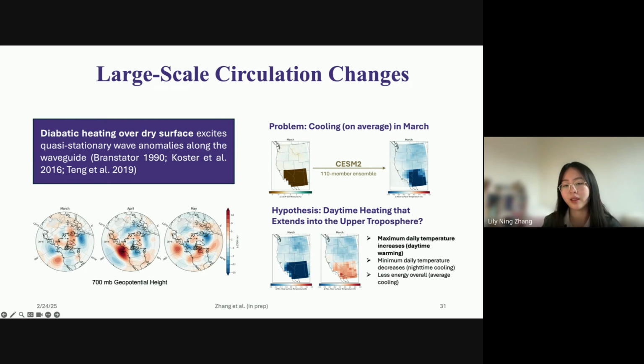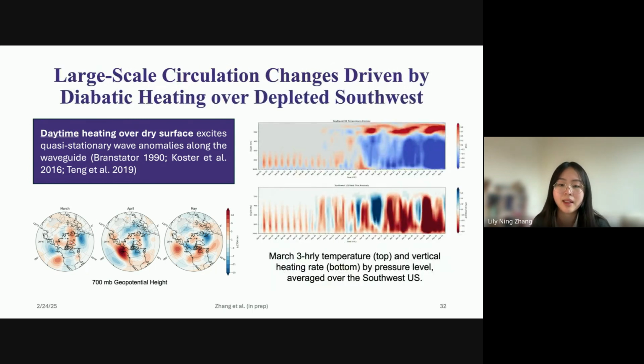And so our hypothesis was that maybe this daytime heating is enough to extend into the upper troposphere and sort of ping on the jet to excite this stationary wave response. And so to confirm that hypothesis, I reran my experiments with only 50 ensemble members at 3-hourly resolution. And when we look at the vertical temperature profiles for March, so this is height in pressure coordinates, and this is time.